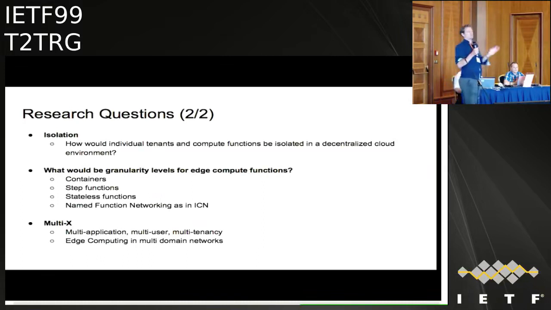Where do we actually keep the state that you need for subsequent invocation of those functions? In ICN, we have a certain idea. I can talk to this a bit later. So this whole topic of having multiple applications, multiple tenants, was brought up as a potentially interesting topic to discuss further in this group. Next slide.